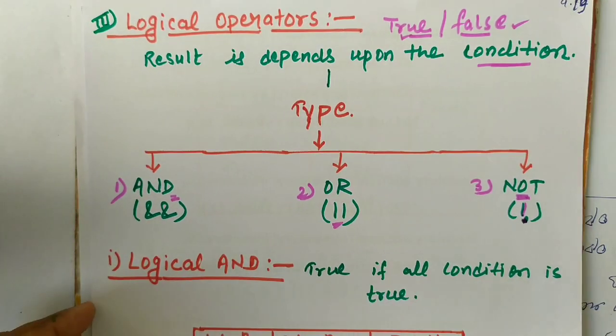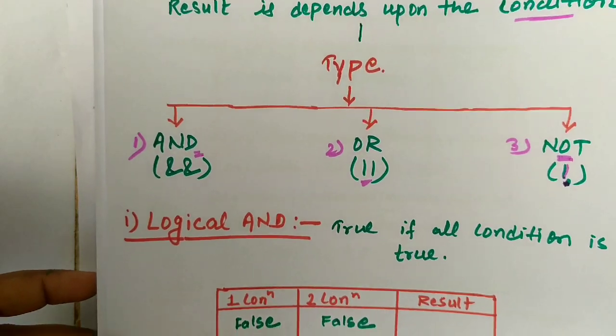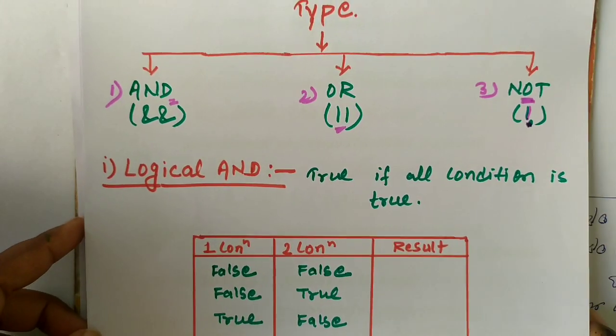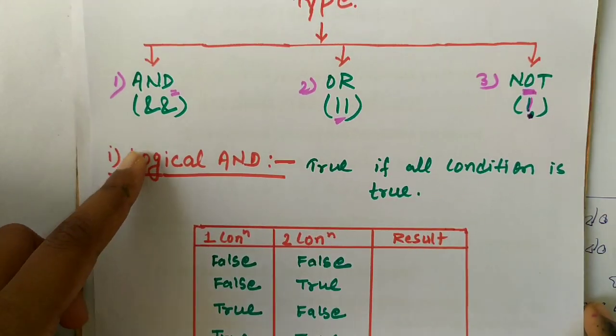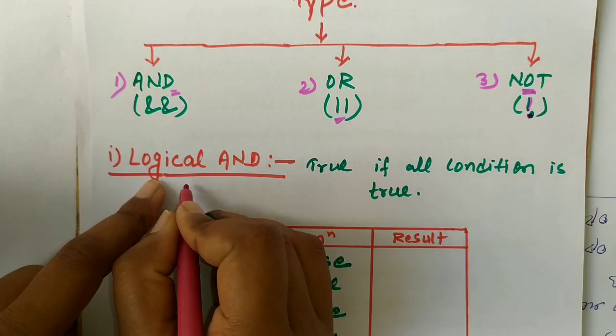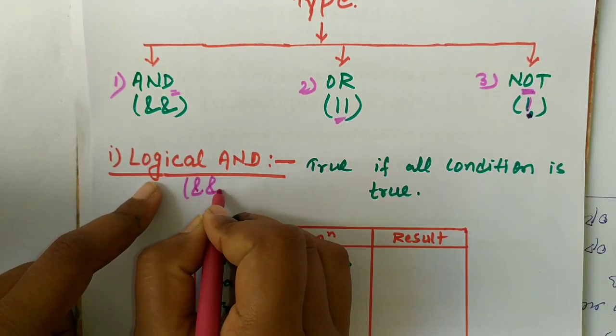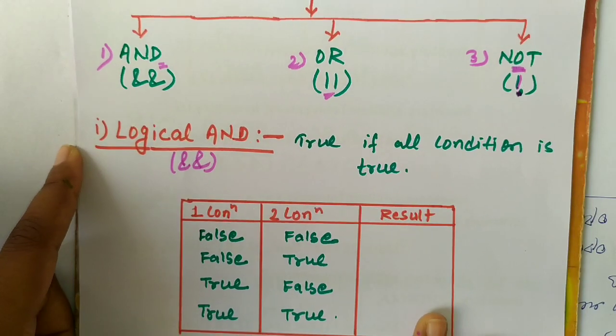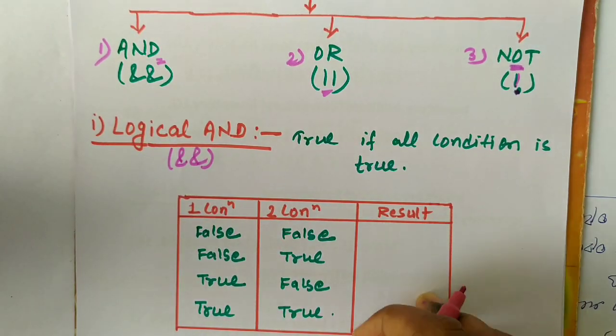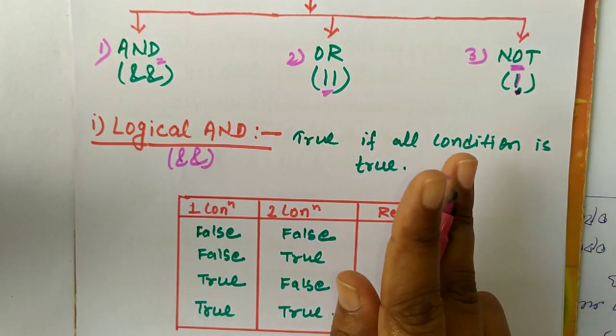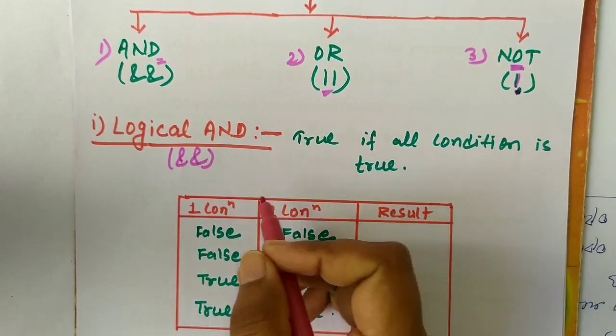So let's start with the first type, the AND operator. This is called the logical AND operator. The sign of the AND operator is two ampersands. What is the logical AND? In the logical AND, there are two inputs or two conditions.